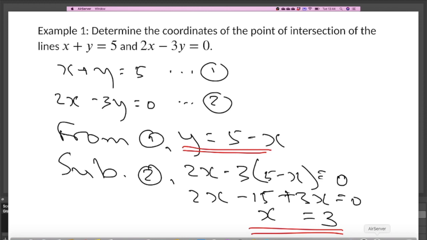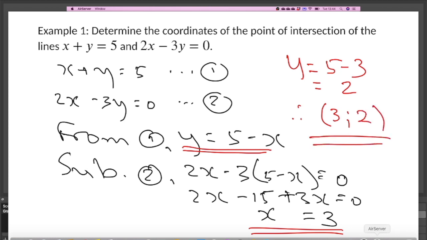So to get y, we need to substitute for x in that equation. And so y will be equal to 2. Therefore, the point of intersection will be equal to (3, 2). So these are the coordinates of the point of intersection.